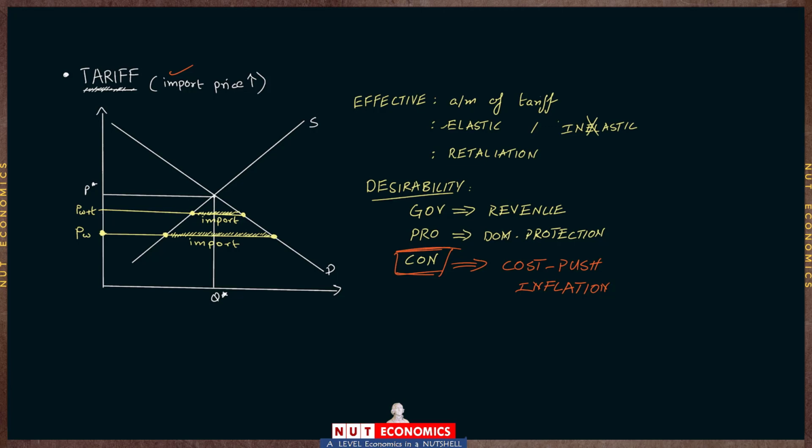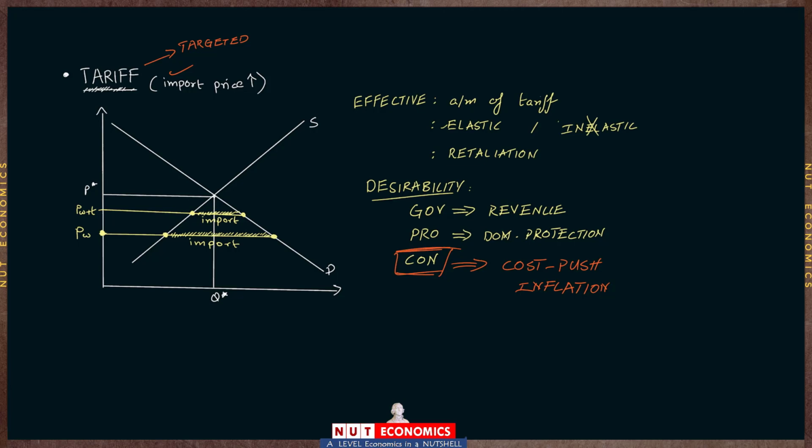But the thing with tariff is that you can be more targeted, because you can pick and choose which are the products on which I am going to impose a tariff, and therefore which are the imports that I am going to make more expensive and try and discourage people from buying.